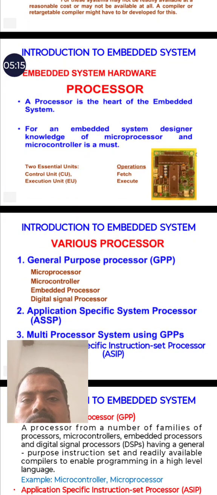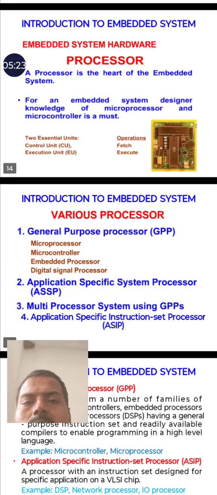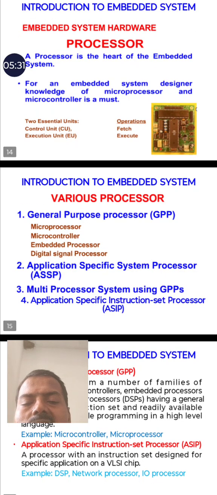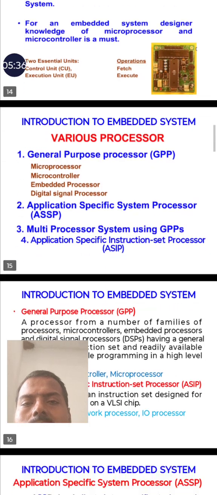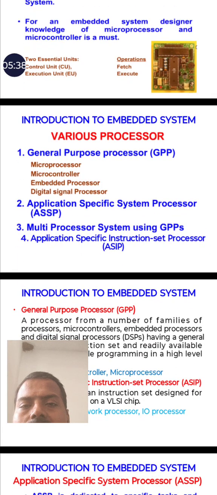As I said earlier, in the block diagram or components of the embedded system, the processor is very important. The processor is the heart of the embedded system. For the embedded system designer, knowledge of the microprocessor and microcontroller is a must. That is a basic processor. Basically, a processor has two essential units, the control unit and the execution unit, and the operation is fetch and execute.